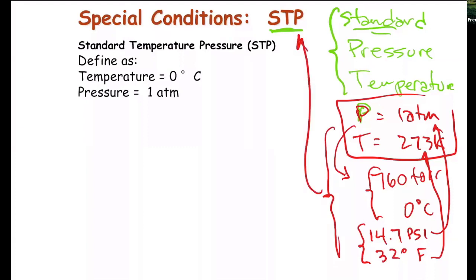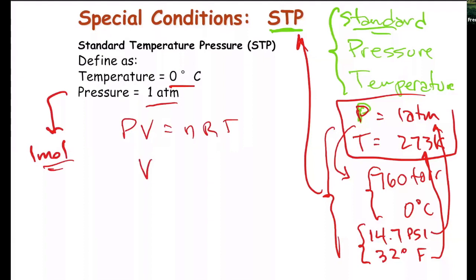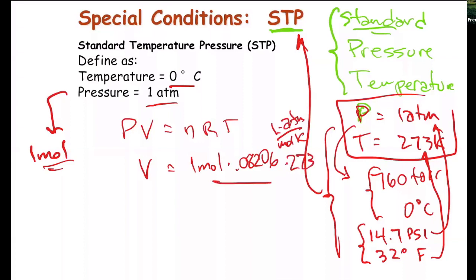The neat part about standard temperature and pressure is that if you define your pressure and your temperature, and let's say we use 1 mole of gas just for convenience, then we can solve for volume. PV equals nRT. We define 1 mole of gas and isolate the volume. If you solve that, it comes out to 22.4 liters.